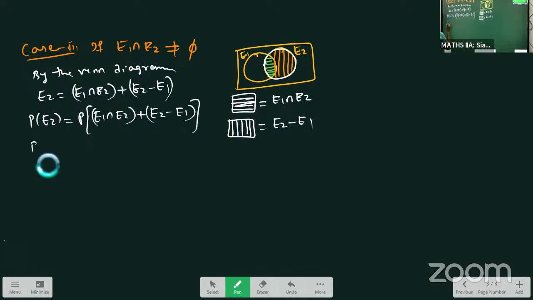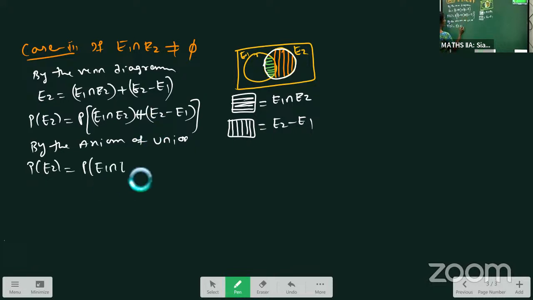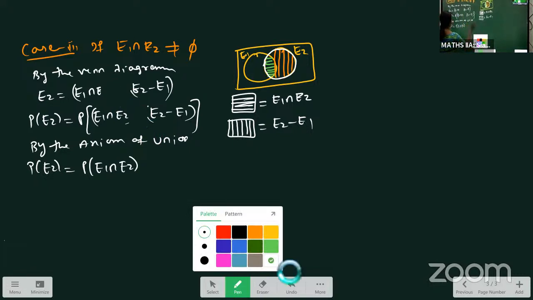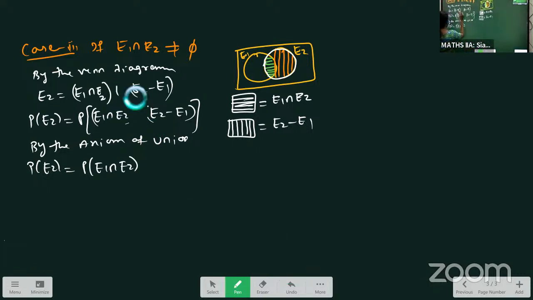Now again, by the axiom of union, P of E2 can be written as, union means plus, P of E1 intersection E2 union E2 minus E1.